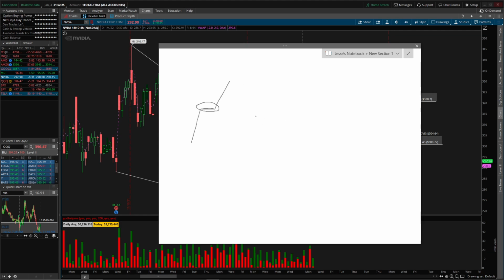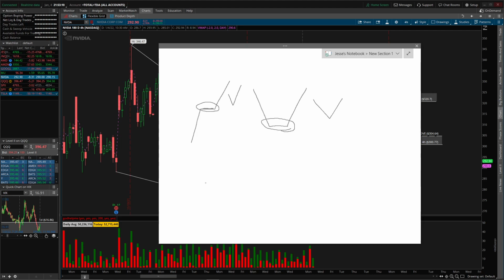Another way to determine where demand forms is by having a drop, a basing period where consolidation occurs, and then another rally to the upside. So basically, if price ever reaches these areas again in the future, price is most likely going to jump in the other direction. I'll just go over this very lightly right now, but just know that these two formations are generally what lead to demand zones. I'll discuss these in further detail in the next video.